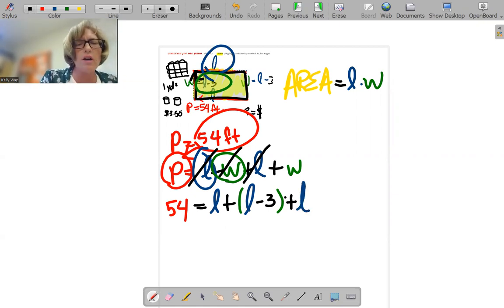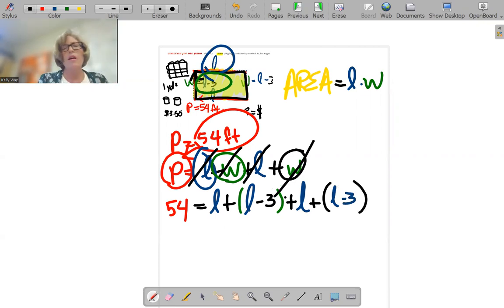By crossing it out, you're much less likely to leave something behind. Let me keep my color straight here. There, I have accounted for 2 lengths, 2 widths. Now I'm down to 1 variable. I have 1, 2, 3, 4 lengths.